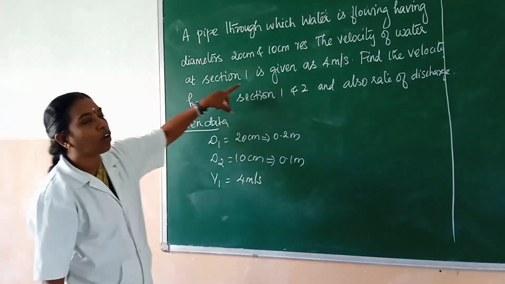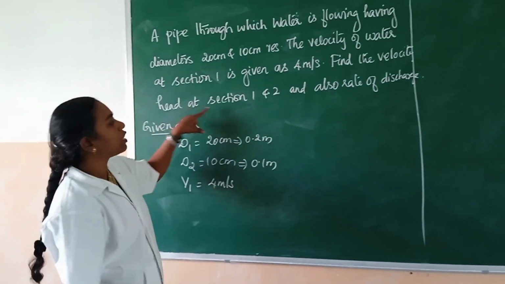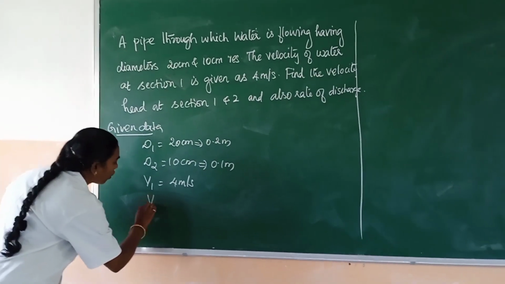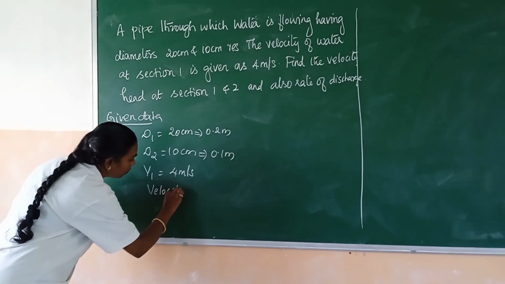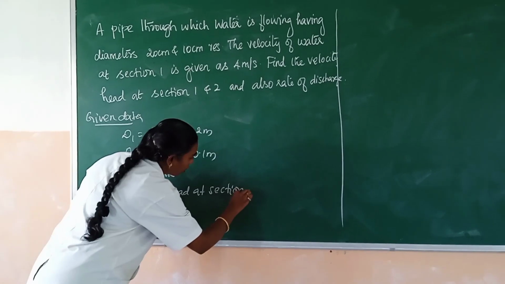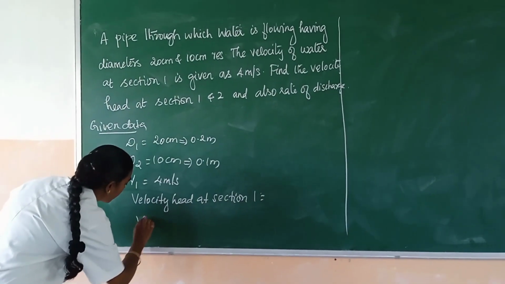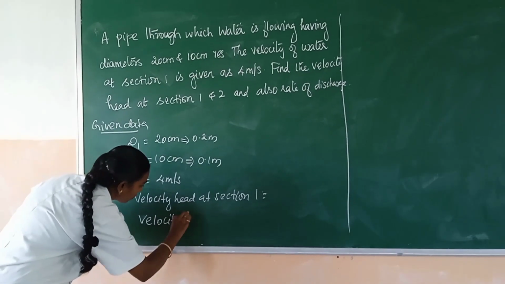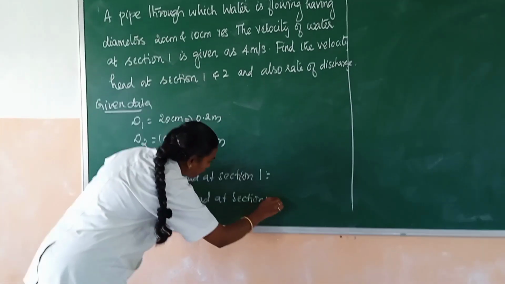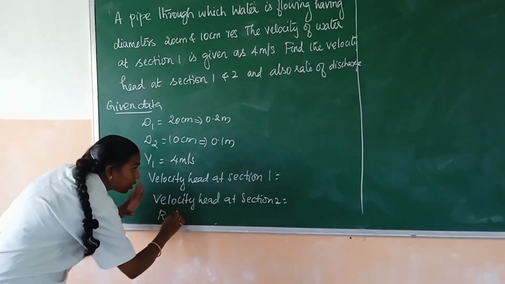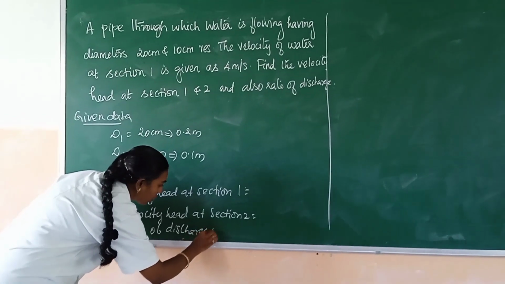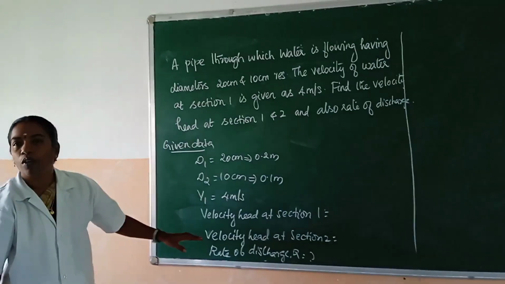What we are asked to find out is the velocity head at section 1, the velocity head at section 2, and also the rate of discharge, Q. So these are the things we need to find out for this problem.